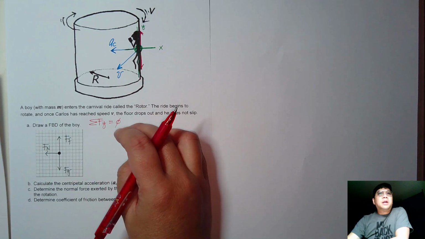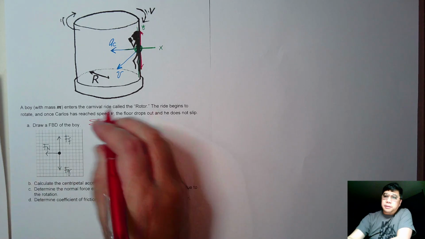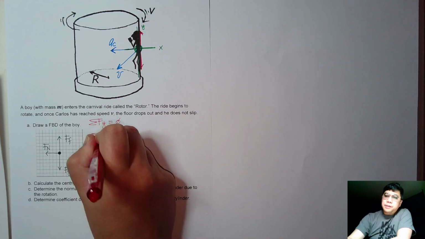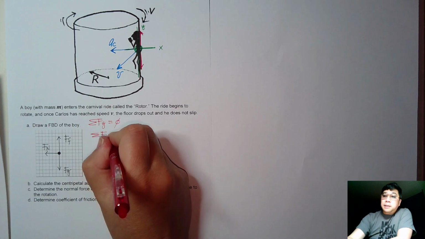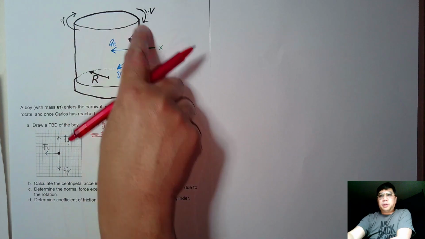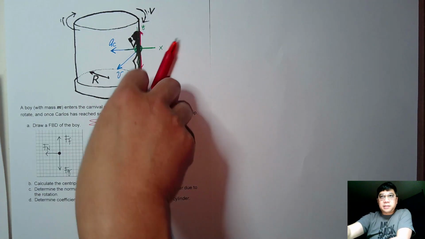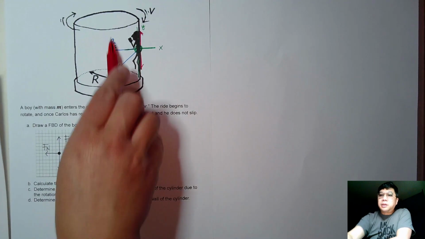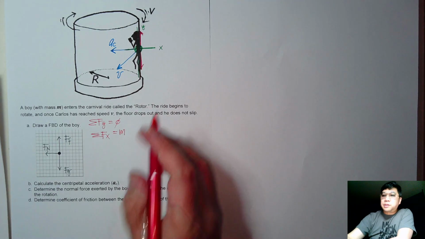Now, the forces along the x-axis, or the net force along the x-axis, is being affected by the motion because the rotation is on the horizontal axis. Again, it's the horizontal axis where the axis of rotation is.